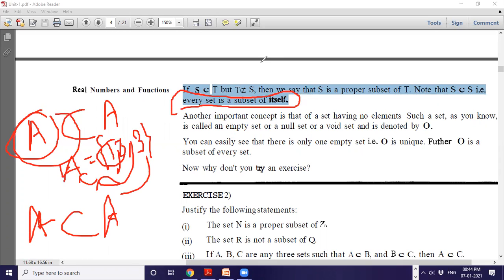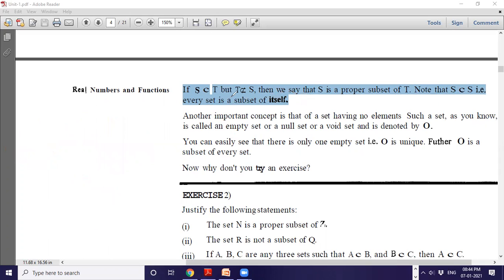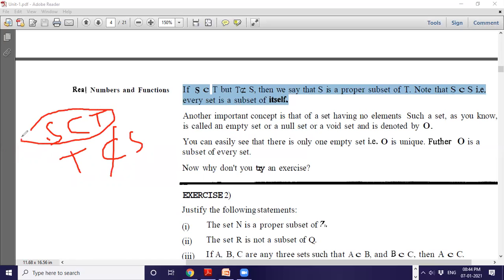Now, if S is a subset of T, but T is not a subset of S, इसका मतलब क्या है? All the elements of S belong to T, but T is not a subset of S means what?